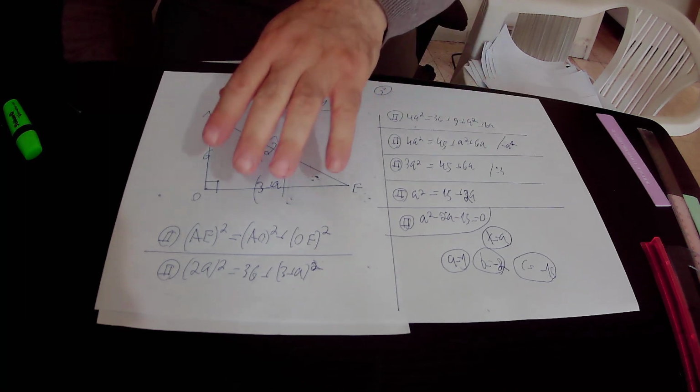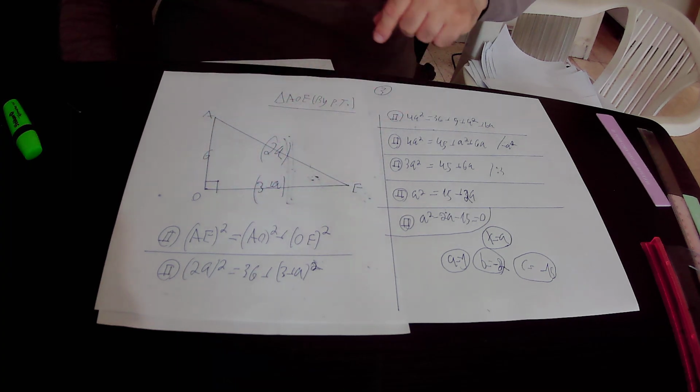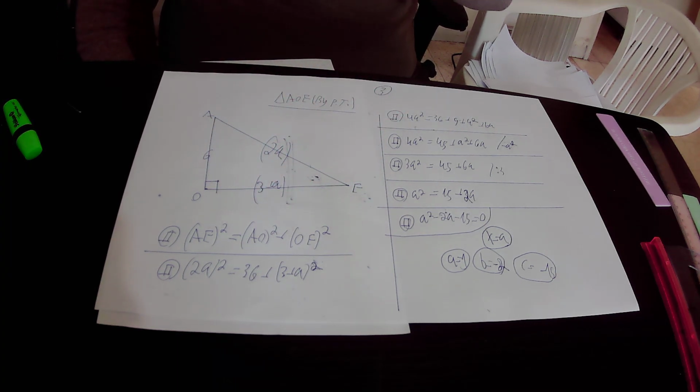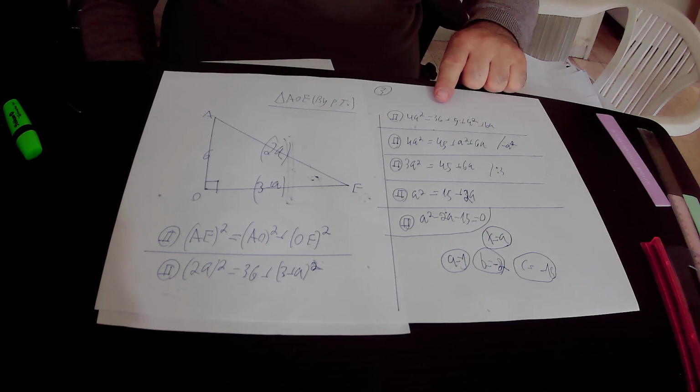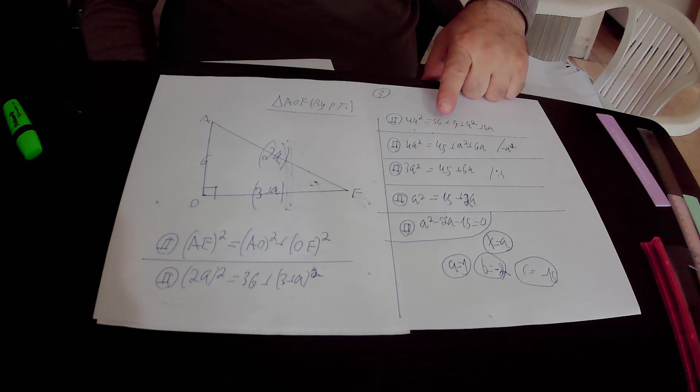We open the brackets on both sides of equation number 2 and found that 2a squared is 4a squared, which equals 36 plus 3 plus a squared, that is 3 squared, which is 9, plus a squared plus 6a. Here 36 plus 9 is 45.